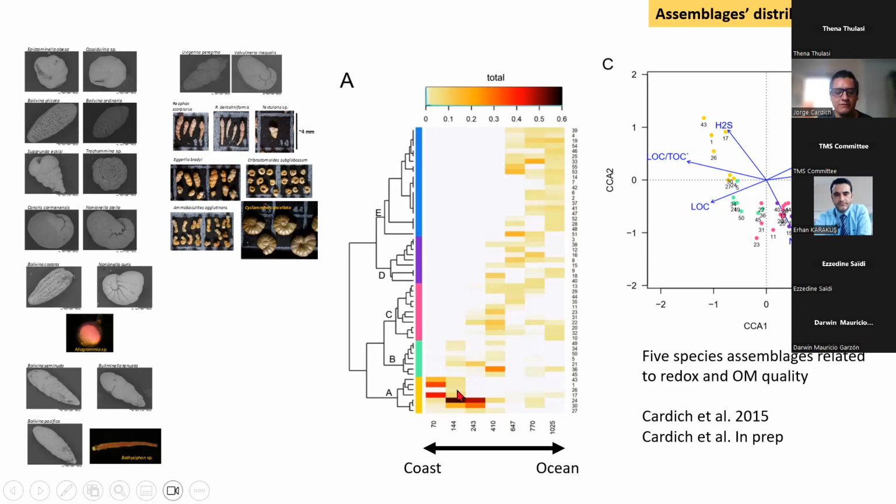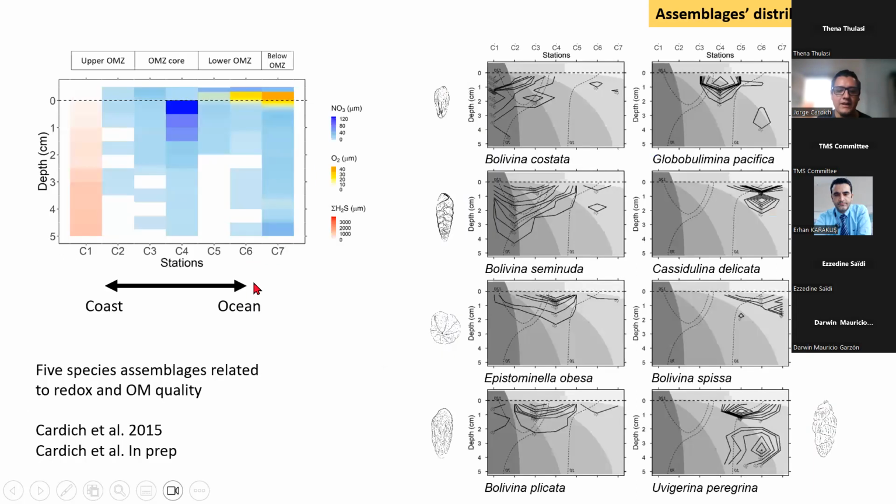In the shelf, we have up to 6 or 8 species, very low number assemblages, and very diversified assemblages here with agglutinated and calcareous foraminifera. You can see these small photographs here.